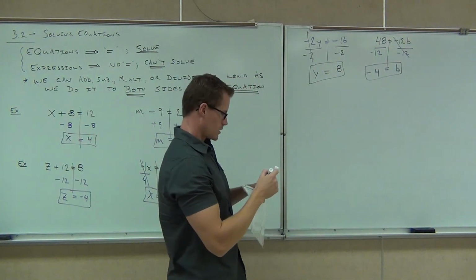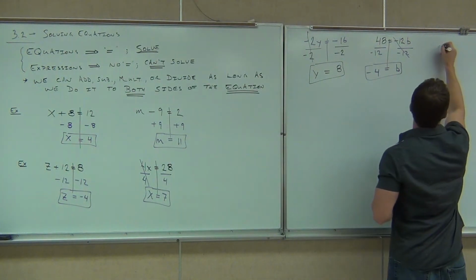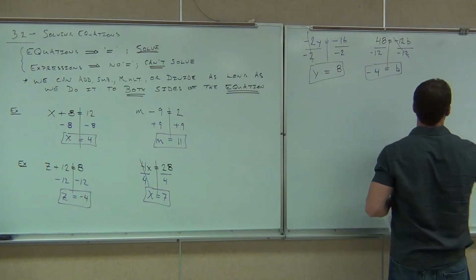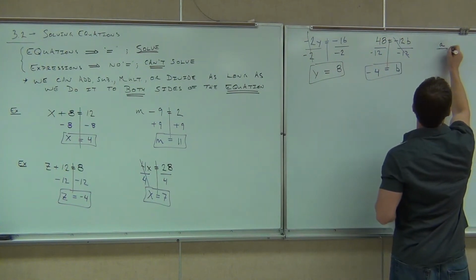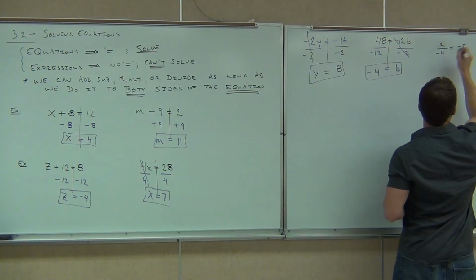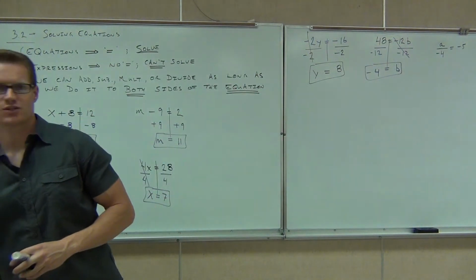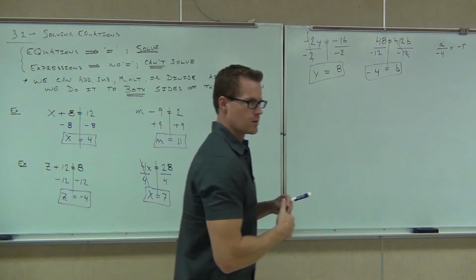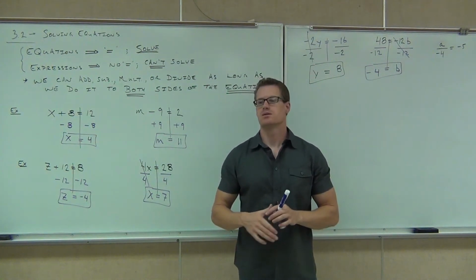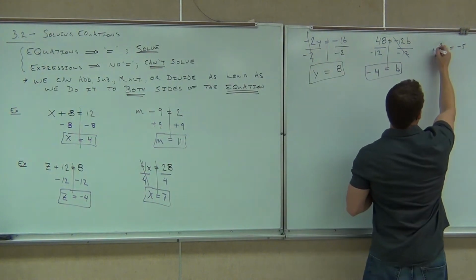And last one we'll talk about before we move on. a over negative 4 equals negative 5. Oh my gosh, what do we do there? Why do we have to multiply? Because you get the a. Good. So we're going to multiply.